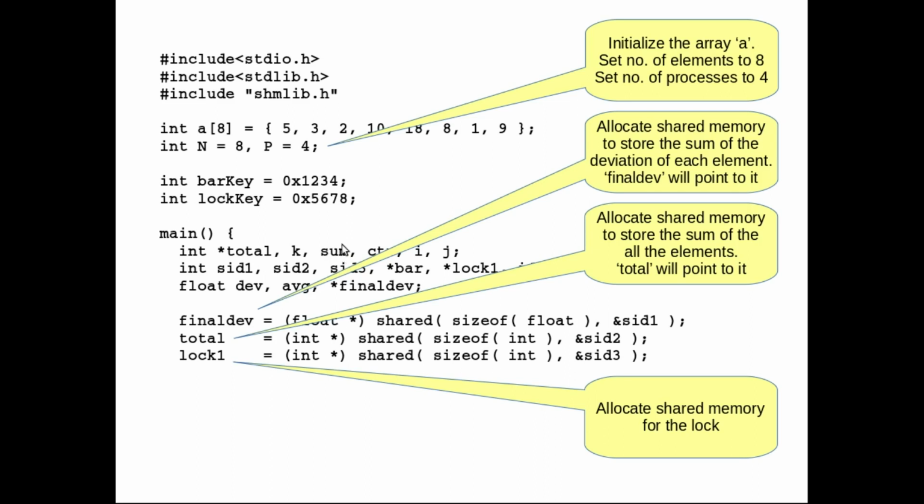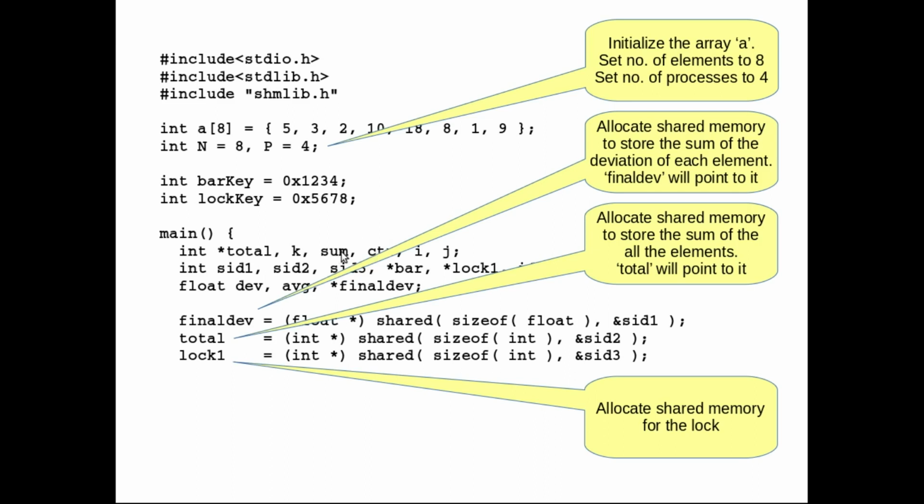And what will be the use of this variable? For example, we saw that process 0 will handle the elements A0 and A4. So when process 0 adds A0 and A4, the partial sum of A0 plus A4 will be stored in this private variable sum of process 0.